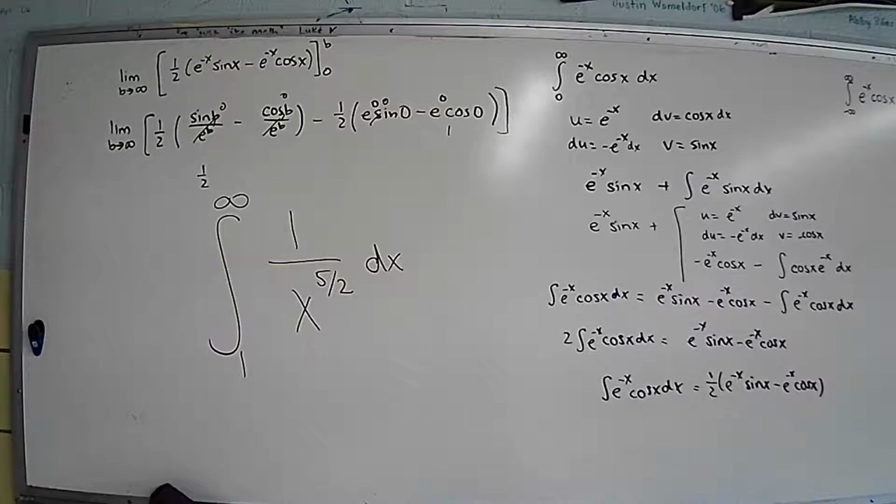Just out of curiosity, did you guys study logistic growth ever? Not log, like logistic. Logistic growth is the curve that looks like this. Population doesn't grow exponentially, it grows logistically, meaning it starts off exponential and then it starts to level off.